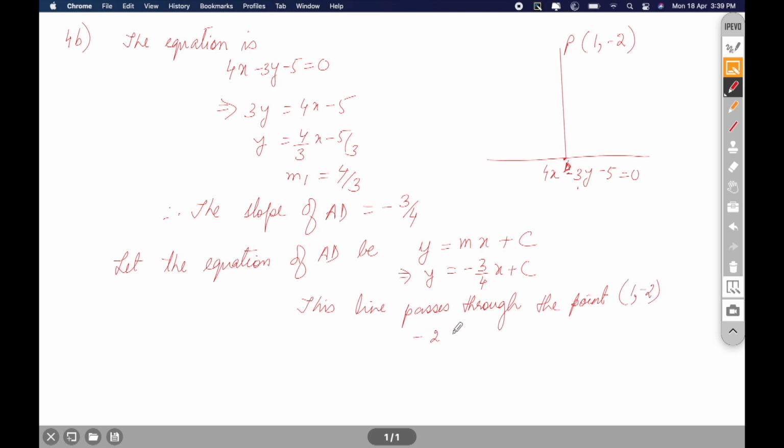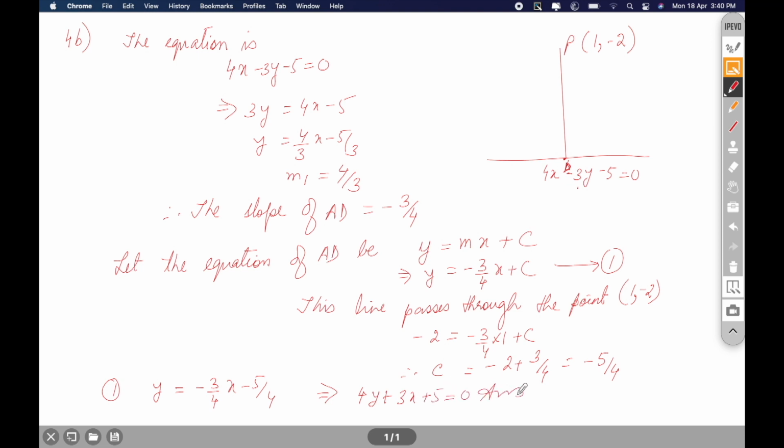So y is minus 2 and x is 1. So this gives c equals minus 2 plus 3 by 4, giving us c equals minus 5 by 4. Hence from 1 we have the required equation of the line as y equals minus 3 by 4 x minus 5 by 4, and the simplified equation is 4y plus 3x plus 5 equals 0.